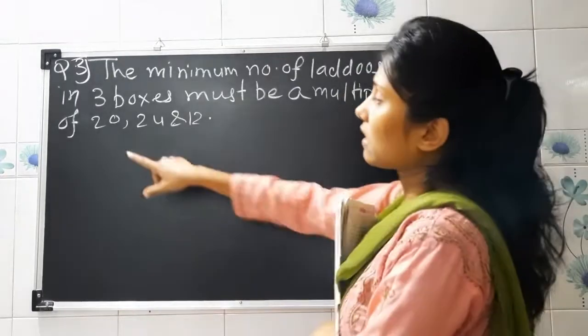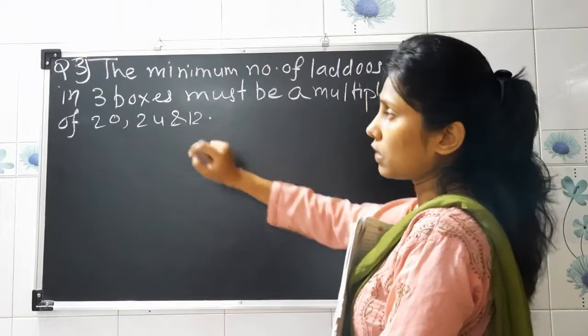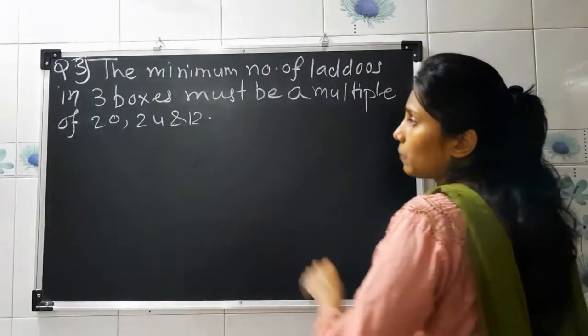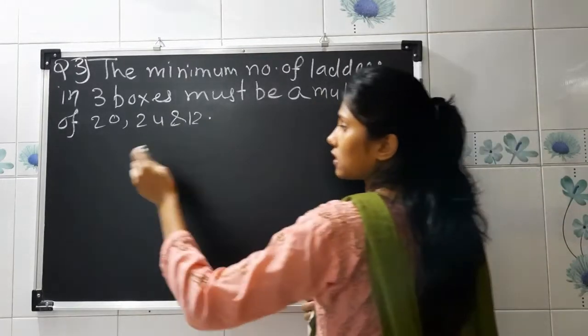These are the numbers of children among whom we have distributed the laddus. Understood? So first we need to find the multiples of all these 3 numbers.